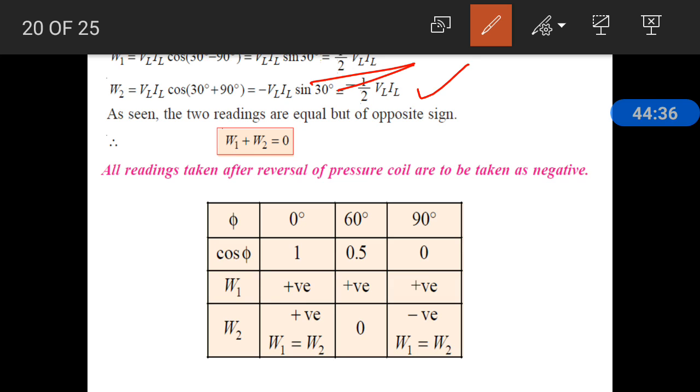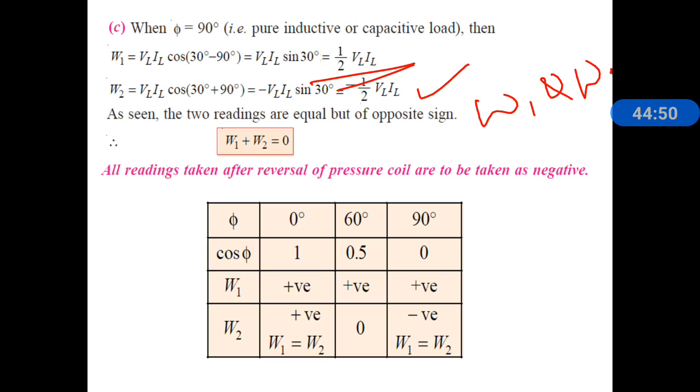So both W1 and W2 have some reading, but one wattmeter W1 gives a positive value and W2 gives a negative value. To take the negative value, the connections of the W2 wattmeter's current coil are interchanged, so that we can take the reading but indicated as a minus value. So both are equal values but opposite in sign. So W1 plus W2 is 0.